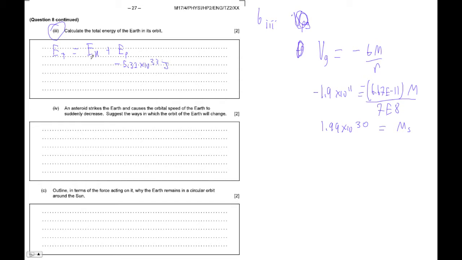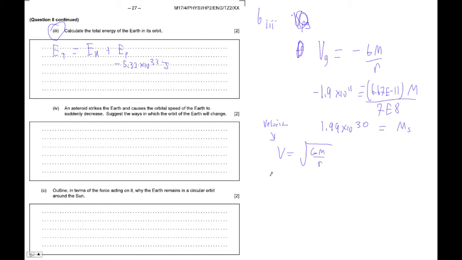But the kinetic energy is going to be something else, so we've got to figure that out. How can we figure that out? Well, we know the orbital velocity, and this is in the data packet. This is a velocity, not a potential, and it is equal to the square root of GM over r. We know the mass, so we can figure that out.